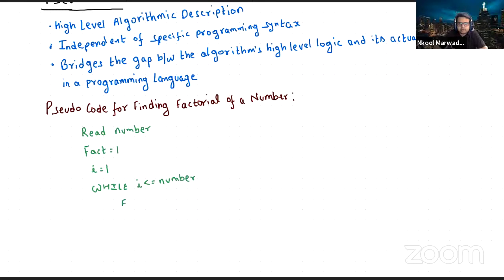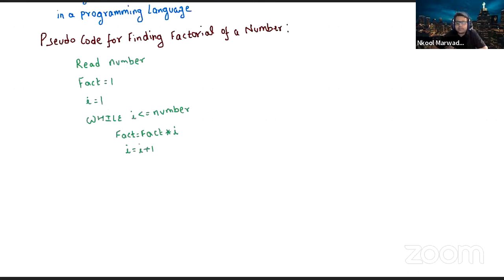Fact is equal to fact into I. I is equal to I plus 1. This is the same logic, but we are writing the pseudocode for that.